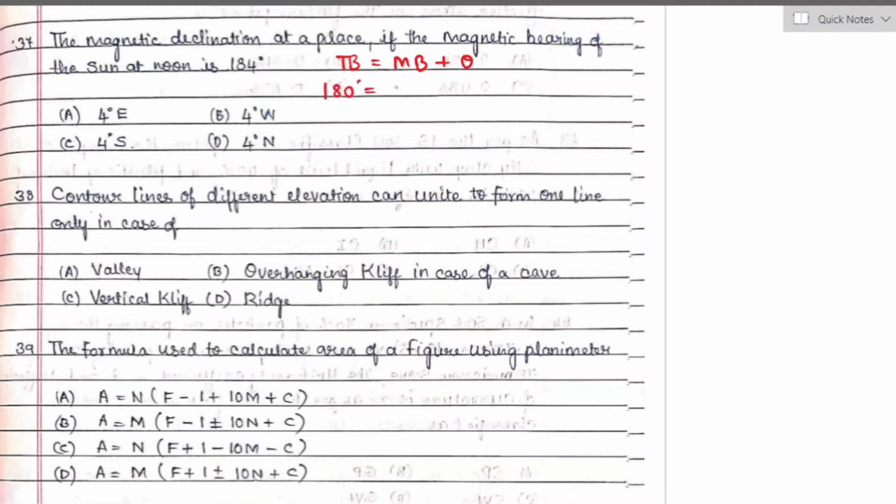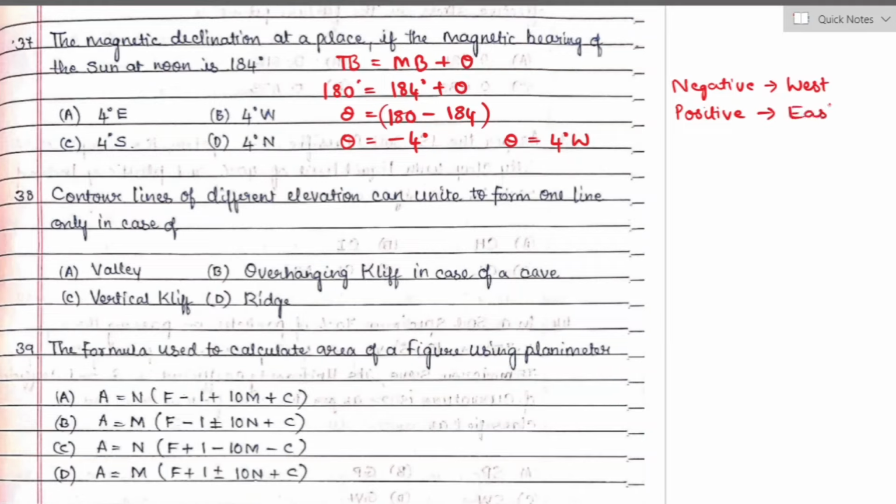Magnetic bearing is given as 184 degrees. So declination will be 180 minus 184 degrees, which is equal to minus 4 degrees, which means that declination is 4 degrees west, because if declination is negative, it will be on the western side, and if the declination is positive, it will be on the eastern side. Since the declination is negative, it will be 4 degrees west. Option B is the right answer.